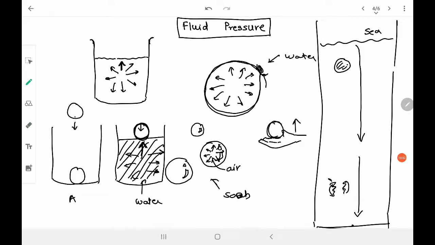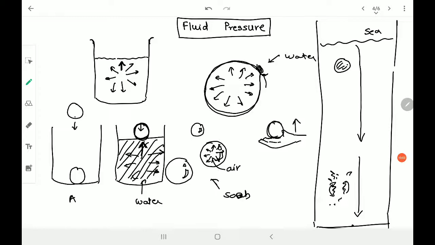Why does it burst? The reason is that the water applies pressure on it. As we go down, as the depth of the water increases, the pressure also increases on any object. And that's the reason this particular watermelon bursts.